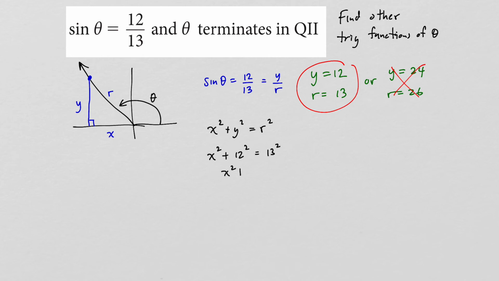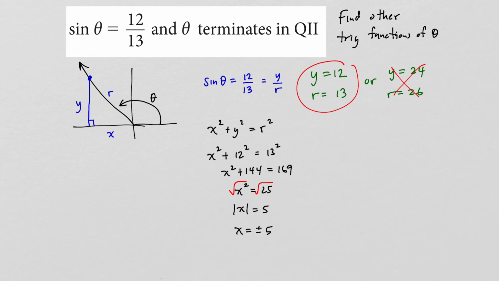So that's x squared plus 144 is equal to 169. Subtracting 144 from both sides, we get x squared is equal to 25. And now if I take the square root of both sides, remember, this is the absolute value of x is equal to 5, which means that x can either be positive or negative 5.